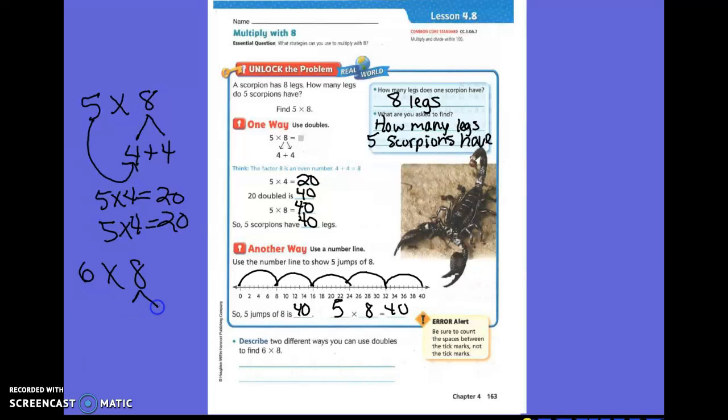You can split 8 into 2 4s again, right? And do 6 times 4 and 6 times 4. What is 6 times 4? 24. You have to do that 2 times.